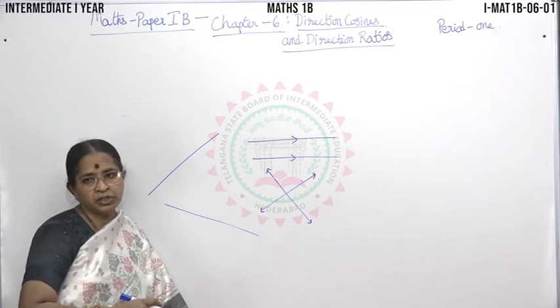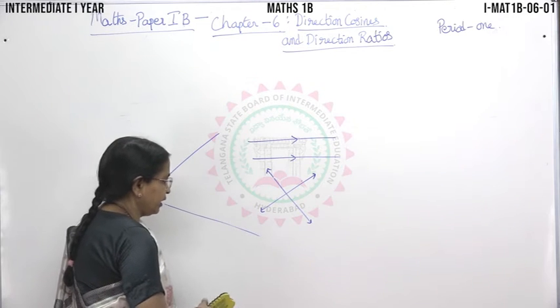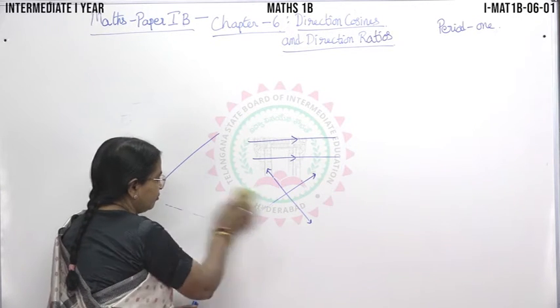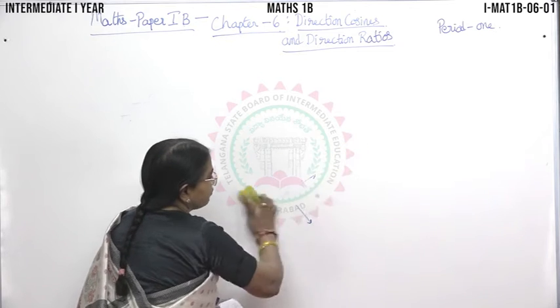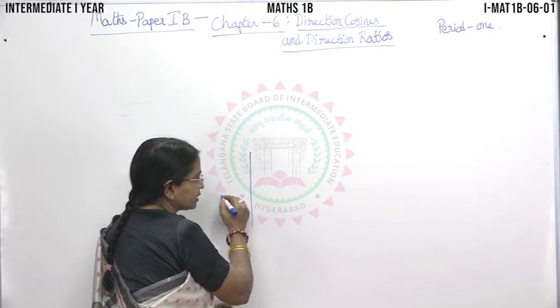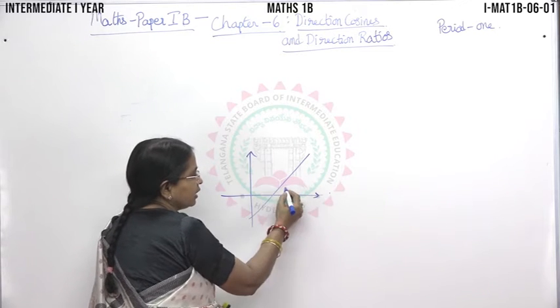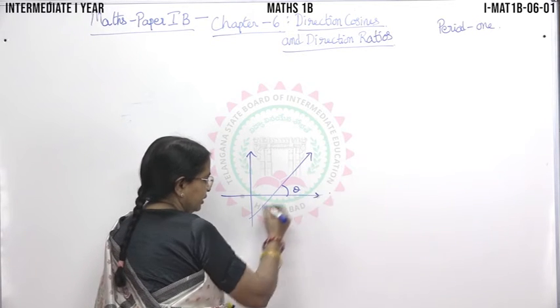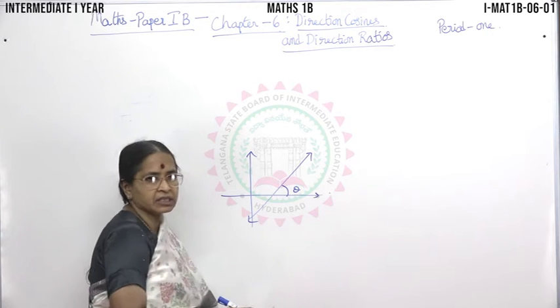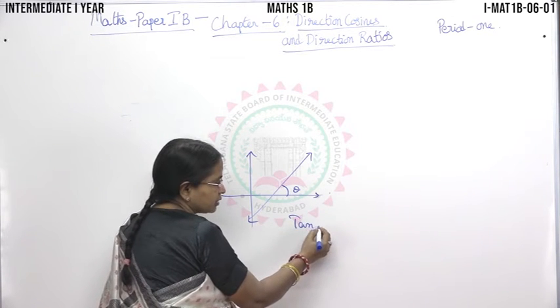Now, in two dimensions, we define slope of a line. What is the slope? We define inclination. We have x-axis, y-axis, and suppose there is a line like this, it will make an angle theta with the positive direction of x-axis. That is called inclination, and then tan theta is called the slope.